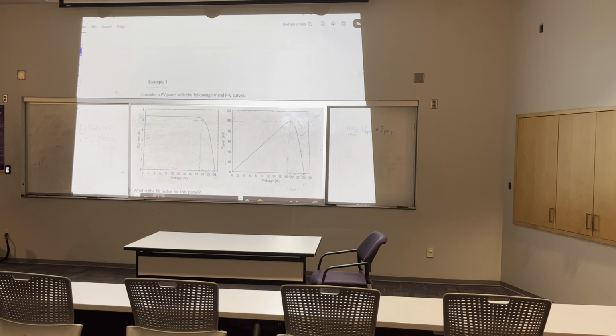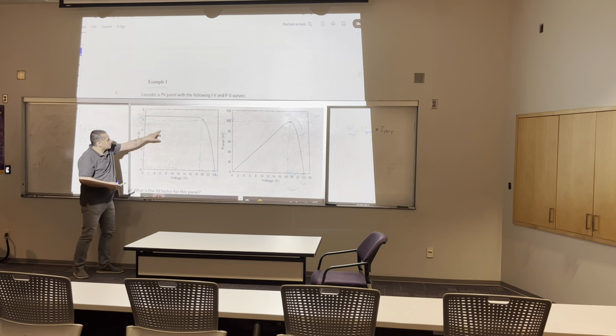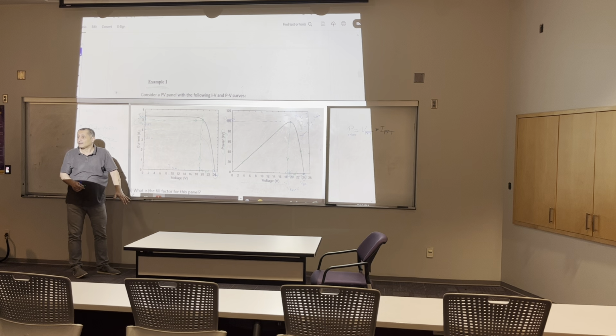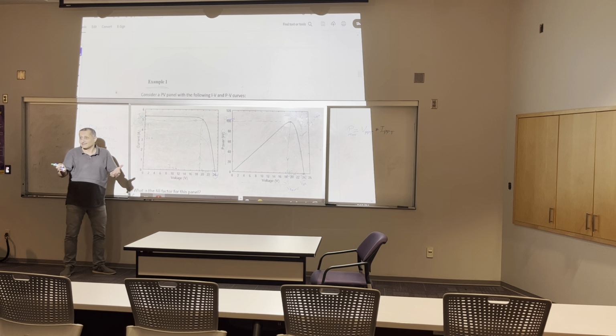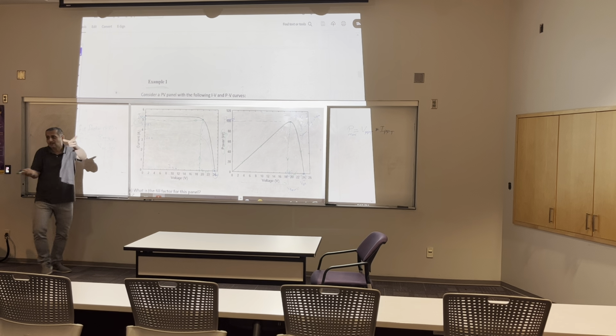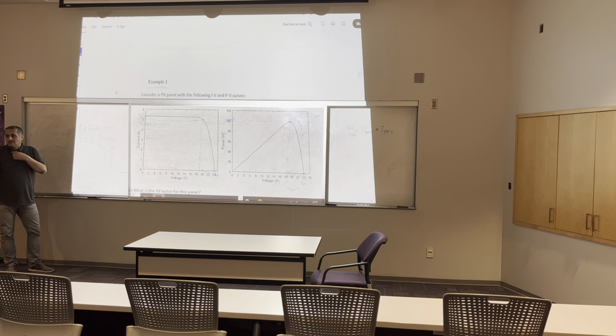For the same panel, maybe this case. Why? Because at different times per day the current generated is different, okay? But the voltage should be the same, while the current depends on the sun location and angle.